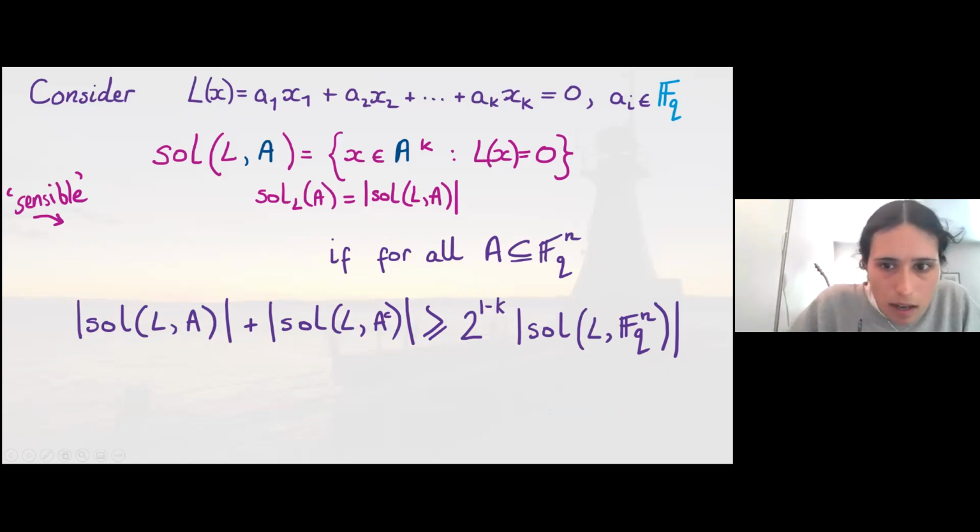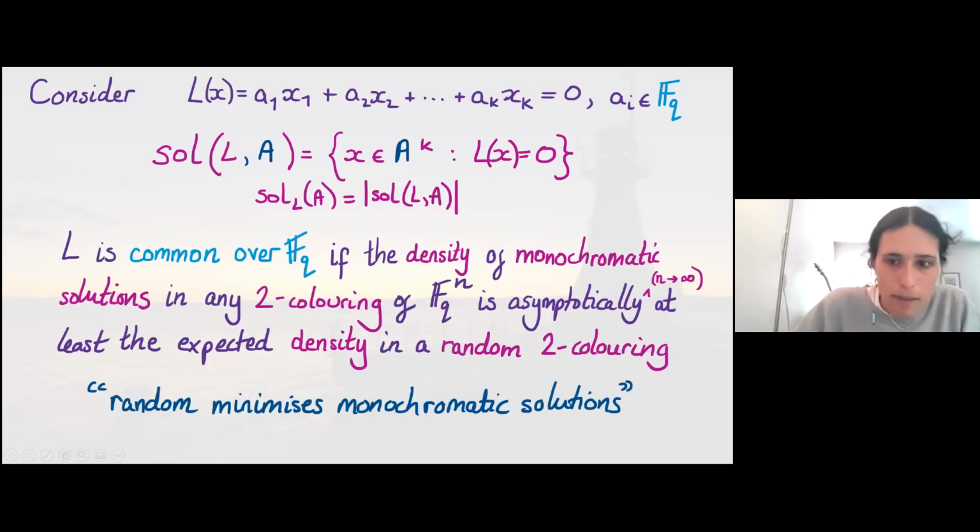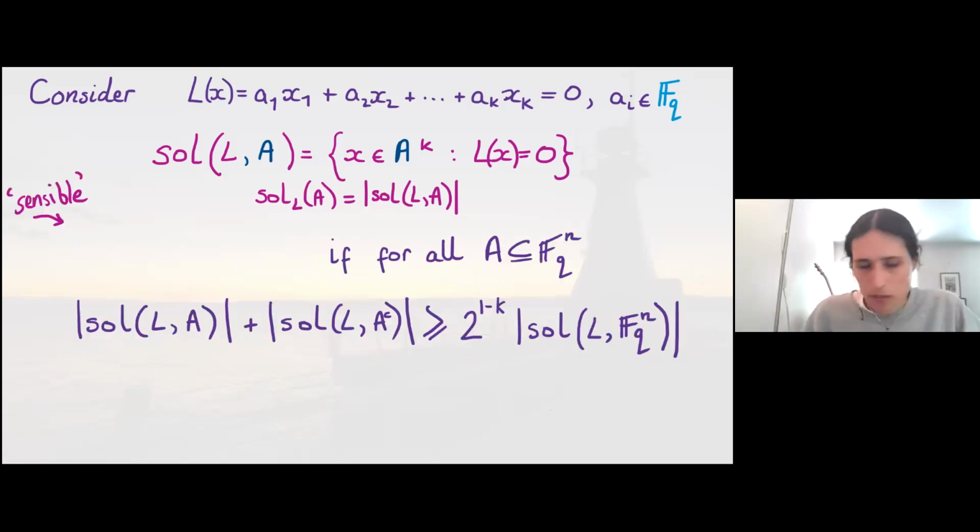another way of thinking about this definition. Here I wrote about the expected density in a random two coloring. You can actually write out exactly what this is in terms of sets for sensible systems of equations. It basically just means that you don't have a couple of stupid things happening.